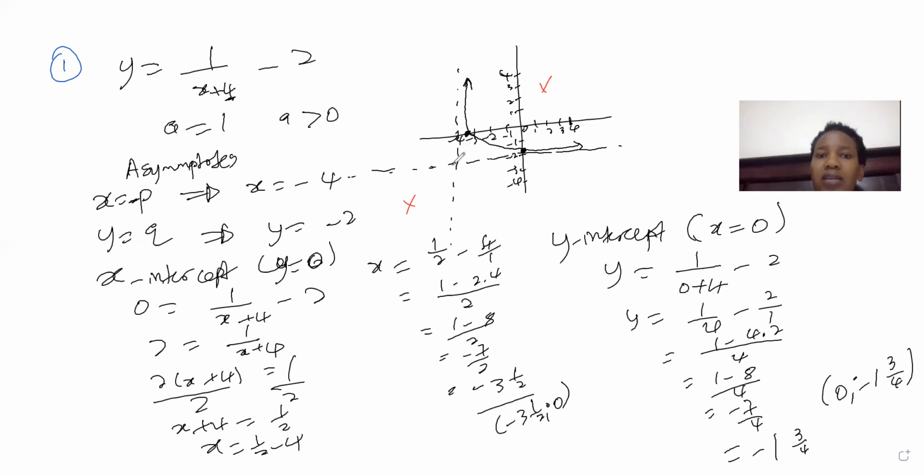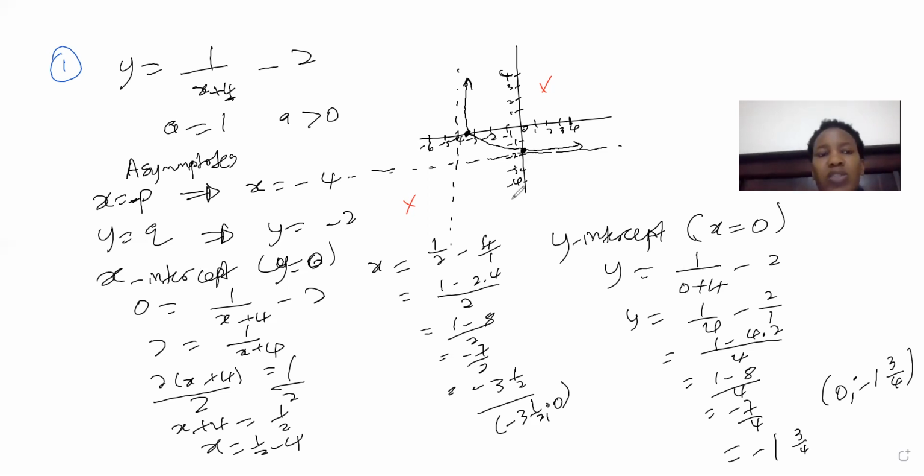Then we look for another point that is gonna be beyond -2 and beyond -4 on the x-axis. Let's choose a convenient point. Let's see which point is gonna help us. Okay, let's take x to be -4.